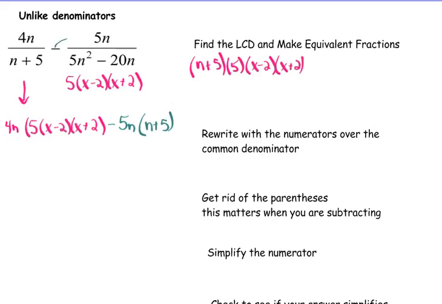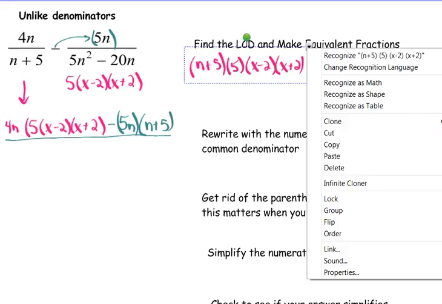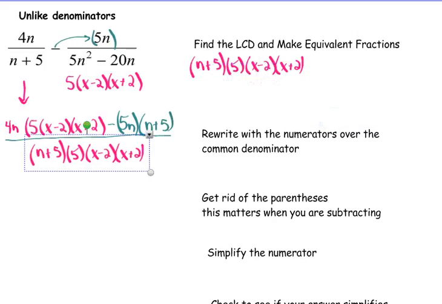Make very careful that you attach that negative to your numerator here. Okay, make sure you do that. And then everything is going to be underneath my LCD, my least common denominator, which will be here.